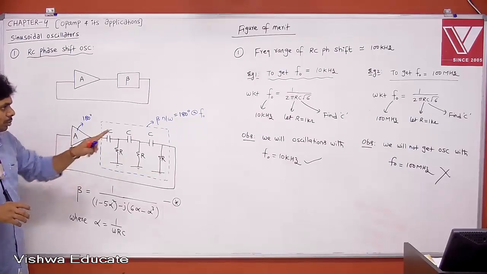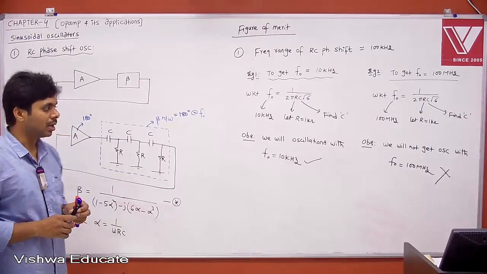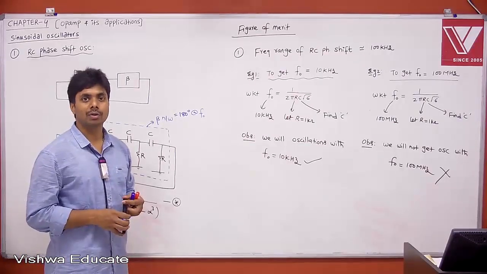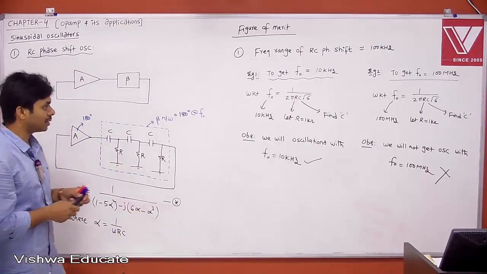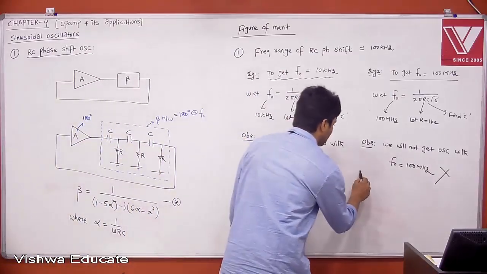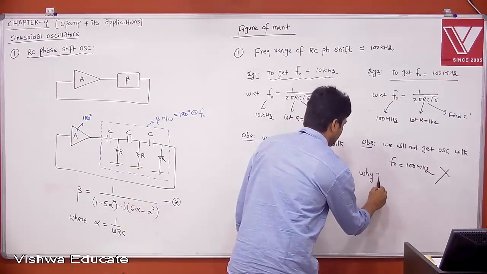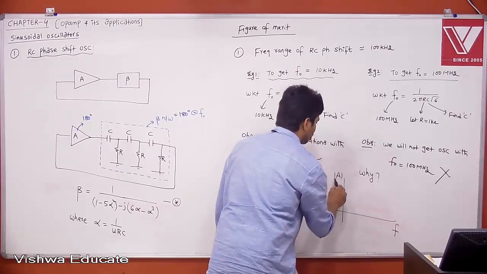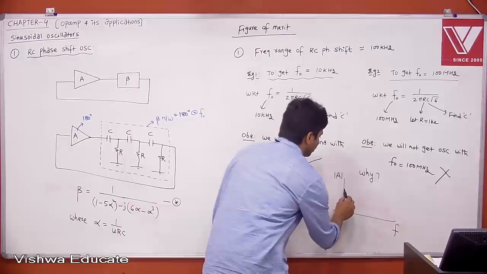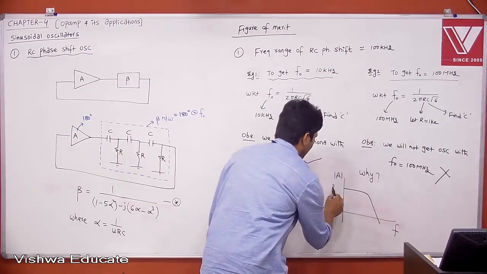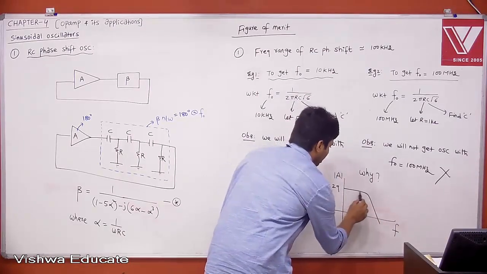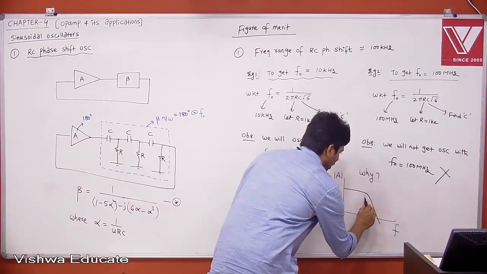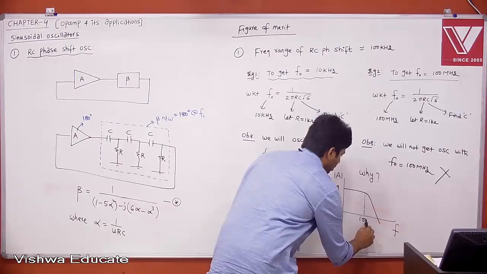But I want gain to be equal to 29. Remember, your open loop amplifier is limited with bandwidth. Let us say the open loop amplifier has a gain of 29, almost flat up to, let us say, 100 kilohertz.